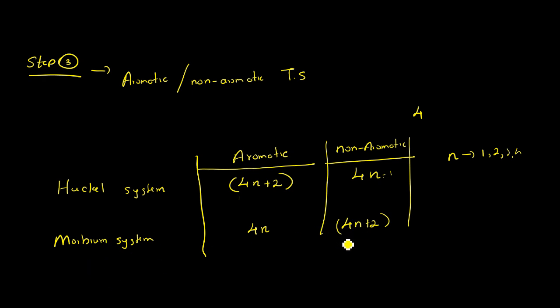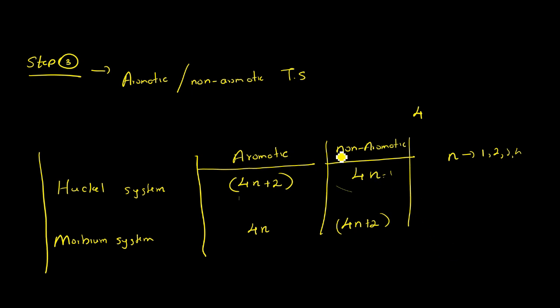If your total number of electrons is 4n plus 2, then it's non-aromatic. So this is very important. You have to memorize this rule when it comes to your exam questions.